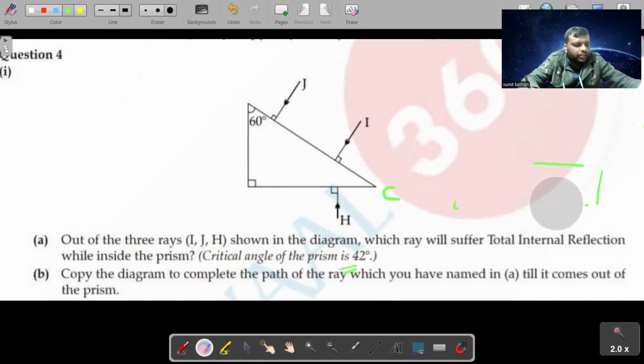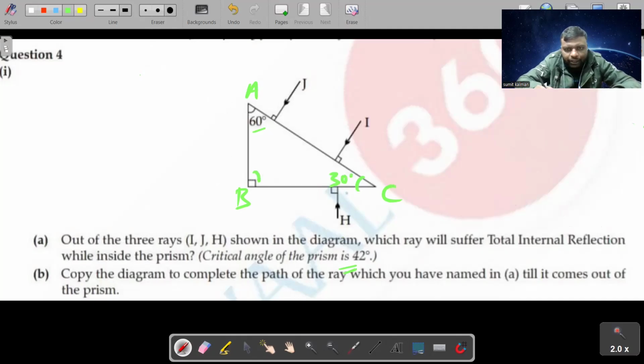So students, for ray H, we will see. As you can see, this is ABC. Angle A is 60 degree, angle B is 90 degree. So angle C will be 30 degree, because the sum of angles A, B and C should be equal to 180 degree.